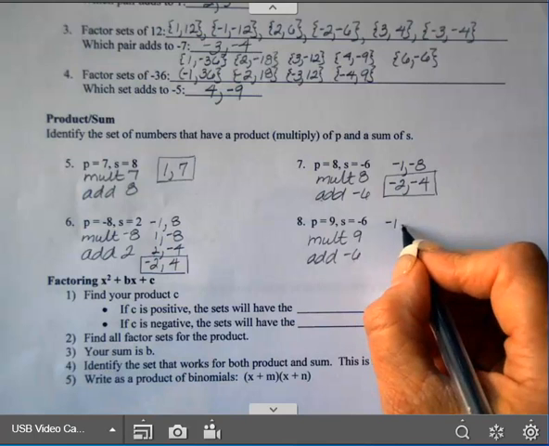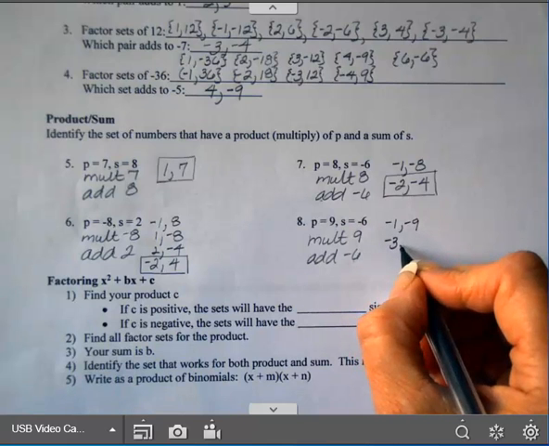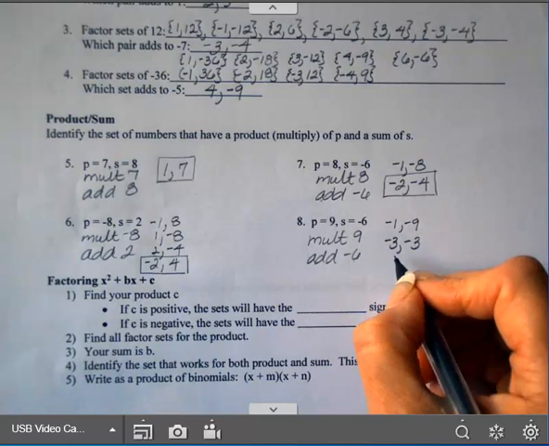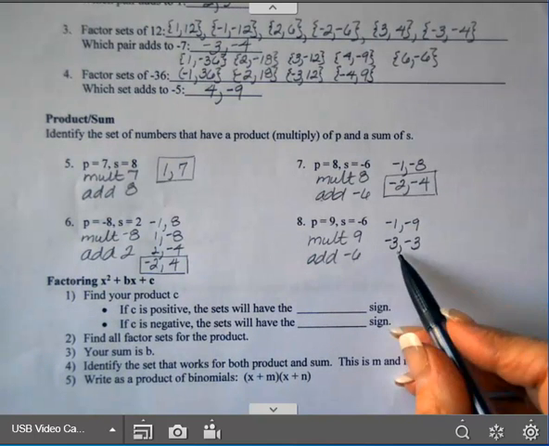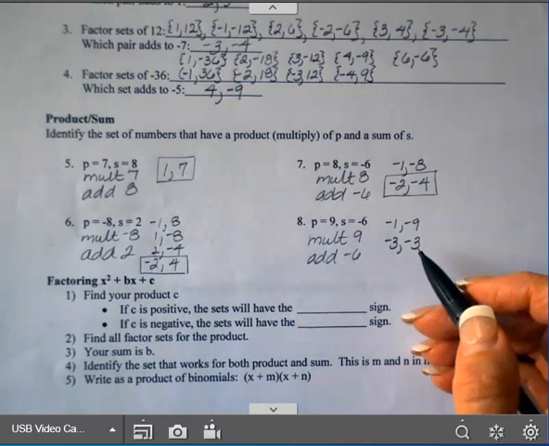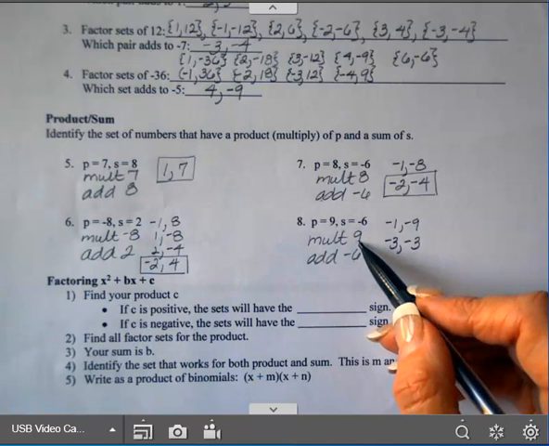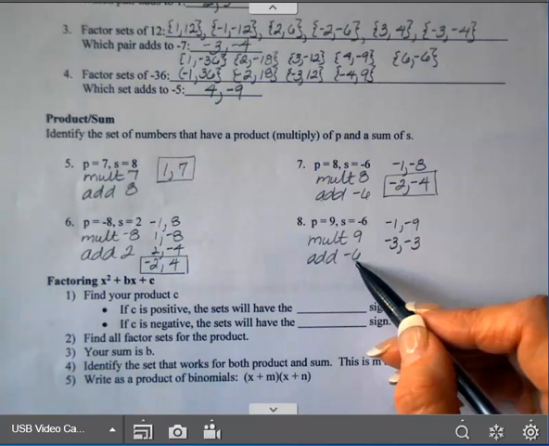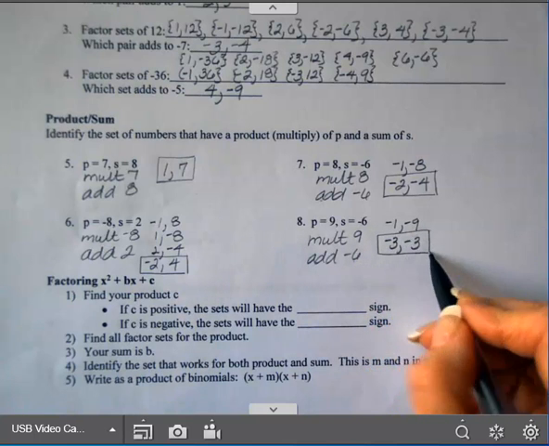So I have negative 1, negative 9. 2 doesn't go into 9. 3 does, so this is going to be negative 3, negative 3. And there's no numbers between 3 and 3, so there are no other numbers that will go into it. 4 or 5, those won't go into 9. So we've listed everything that multiplies to 9 and would add to a negative, and the one that adds to the negative 6 is the negative 3, negative 3.